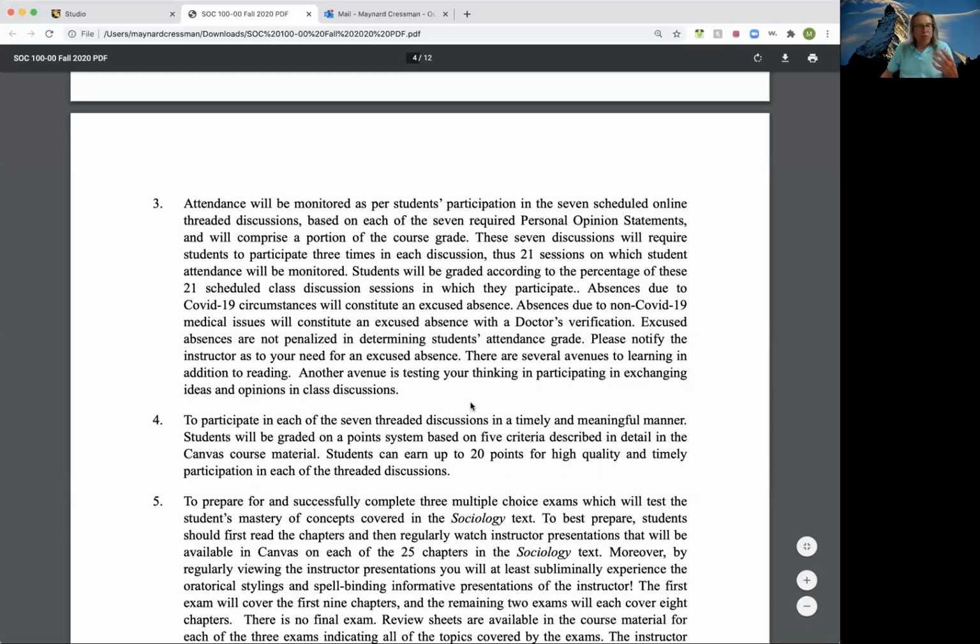So you don't make 3 comments at once in the classroom. Somebody says something, somebody else says something, you comment, somebody says something, you comment. So by following the time frames for the threaded discussion I have outlined, you are effectively replicating a face-to-face class discussion. So please follow the time frames.